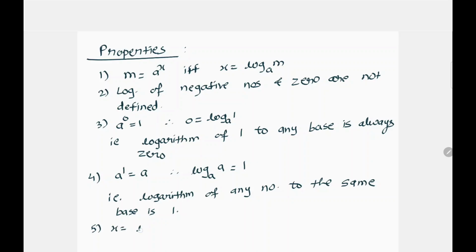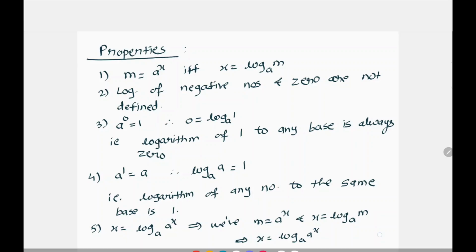Fifth, x is equal to log a raised to x to the base a. Here we have m is equal to a raised to x and x is equal to log m to the base a. It means x is equal to log a raised to x to the base a.